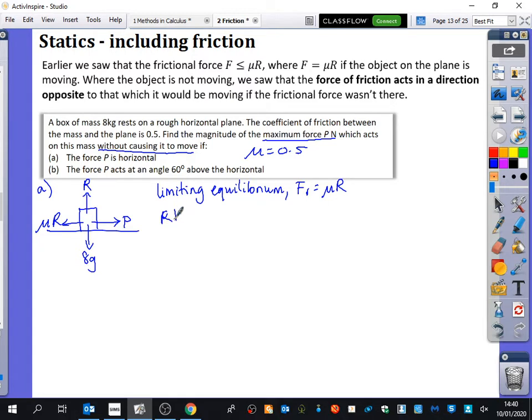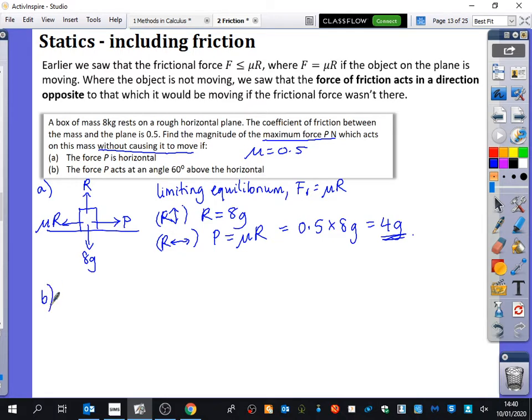So first of all, looking up and down, clearly R is 8g. Resolving in the left and right direction, P is equal to μR, because it's not moving. μ is a half, R is 8g, so P is 4g. Okay? Very, very simple, that first one.